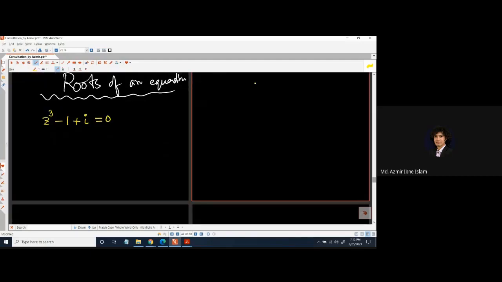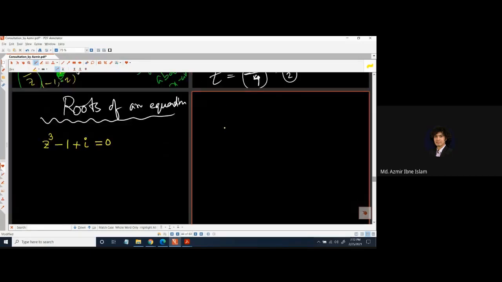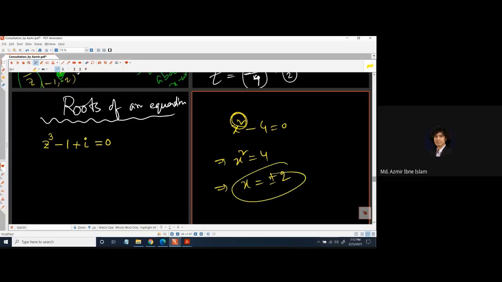Just like the algebra you learned in high school, let's say you have x squared minus 4 equal to 0. So x squared equals 4, that means x equals plus or minus 2. Depending on the degree, x power 2, we can understand how many solutions or roots we have for that equation. Since we have x power 2, the number of solutions will be 2. One is +2 and the other is -2.